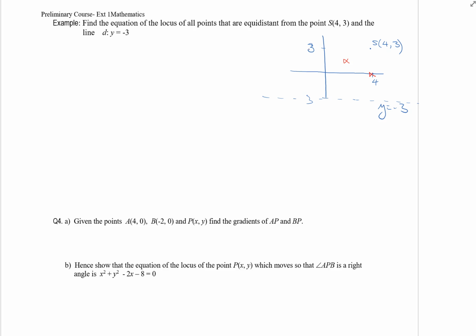However, there's one thing I've really got to tell you about this: after the next exercise you will recognise this description and you will write your equation straight down, because this is the geometrical description of a parabola.